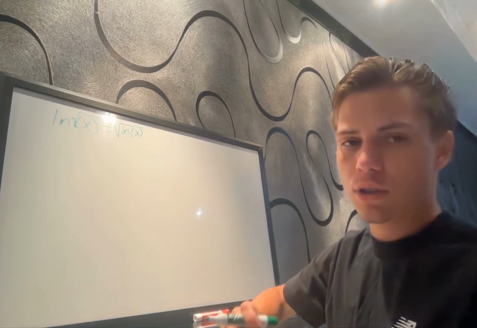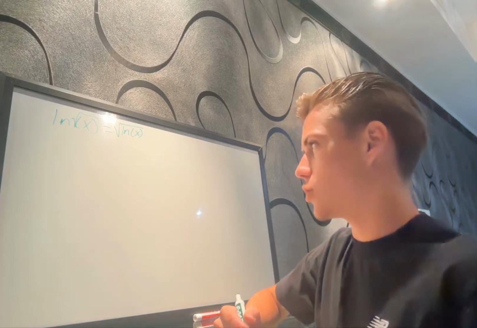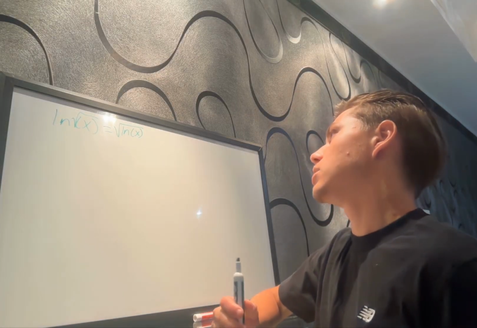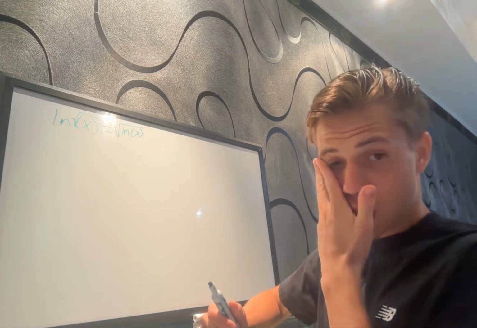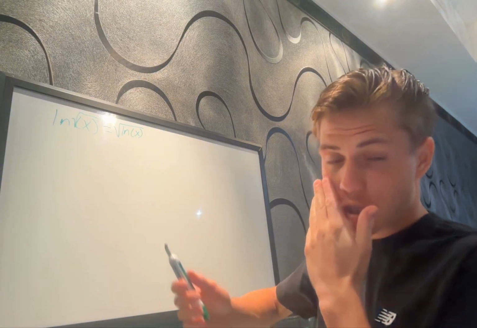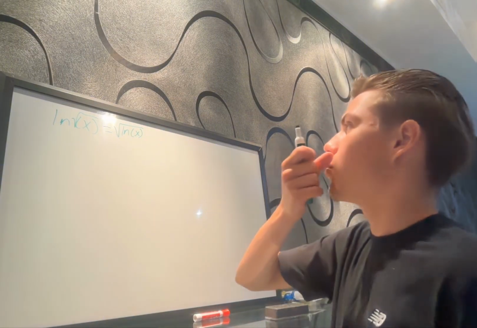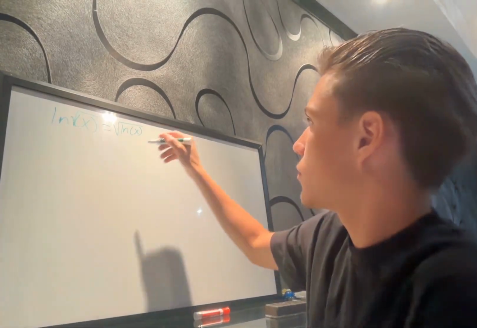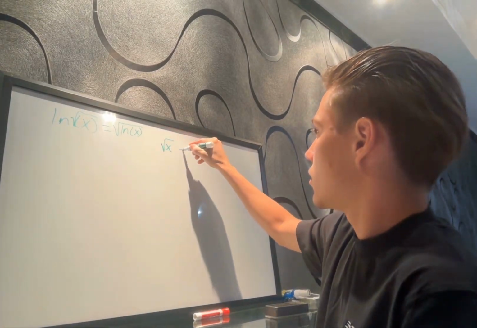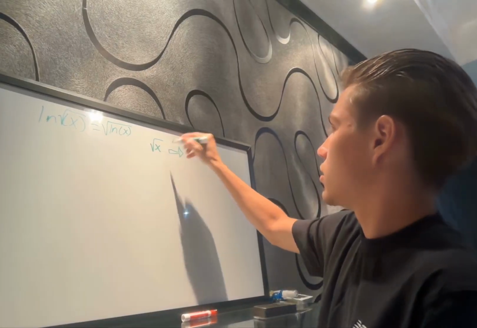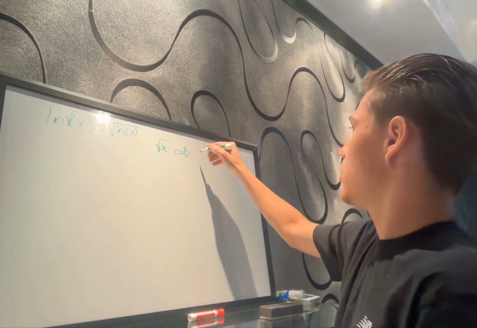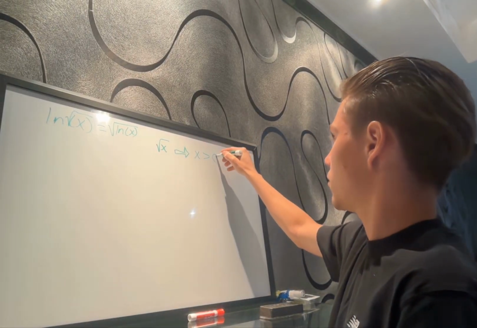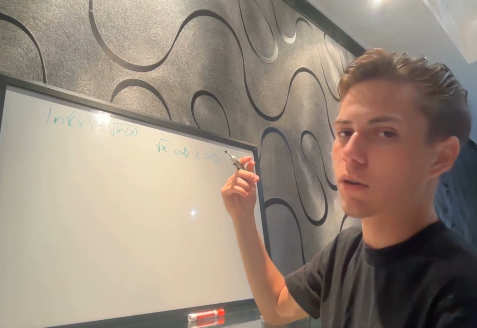So here we're going to be doing a lot of algebraic manipulations, right? First, let's look at our domain restrictions. So here we have square root of x, right? That means that our x has to be greater than 0, because we cannot have a square root of a negative number.